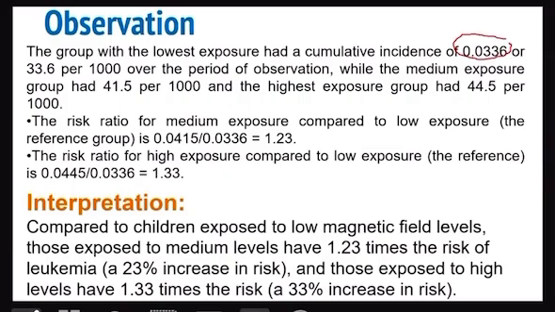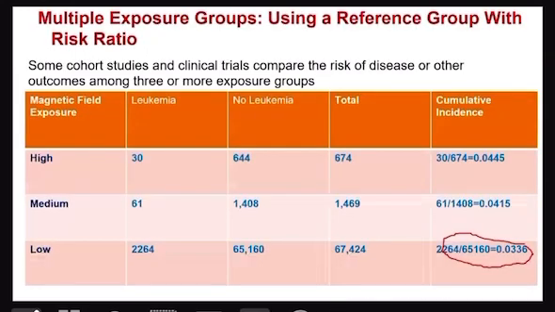Now, if you want to obtain the risk ratio, what you want to do is compare one group of exposure with another group of exposure. If you take a look at this, I'm going to be comparing the high exposure group to low and the medium exposure group to low, because low is the reference group.